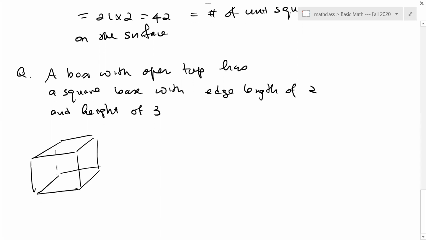The base is a square, the height is 3, and the edge is 2. We want to find the volume and the surface area.